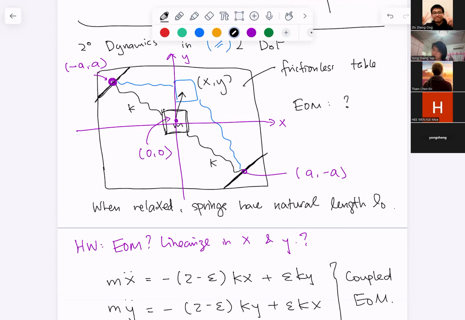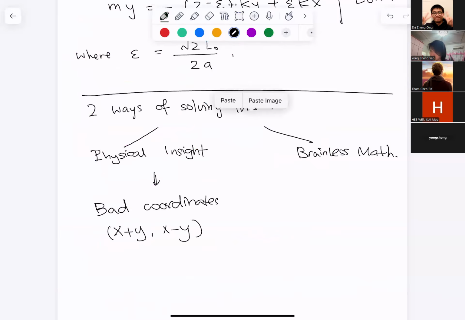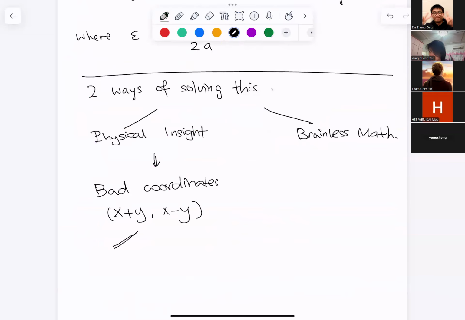A nice coordinate system would set our axes along these directions. Then the oscillations along the x plus y diagonal will be completely unrelated to the oscillations along the x minus y diagonal. So the physical insight is that we have chosen bad coordinates. We should have used coordinates x plus y and x minus y instead. This is this diagonal over here, and this is this diagonal over here.